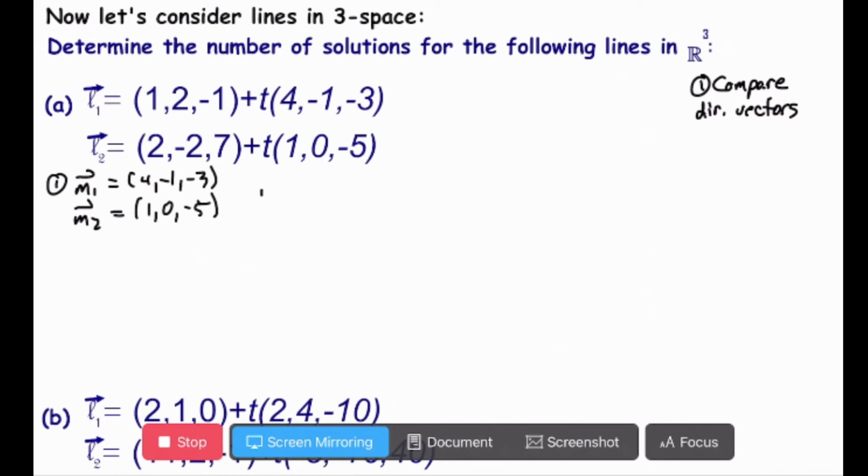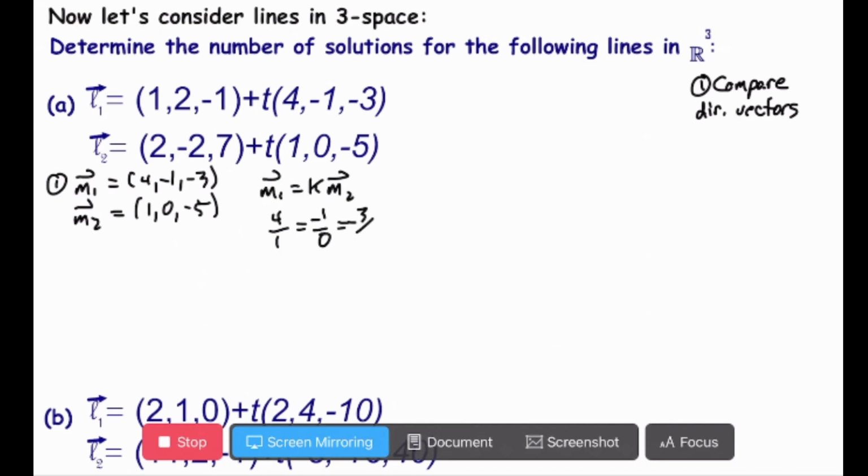So m1 equals k times m2: 4 over 1 equals -1 over 0, equals -3 over -5. We can see pretty quickly that those are not the same values. These are not equal, so they are not scalar multiples, and therefore these are not parallel.